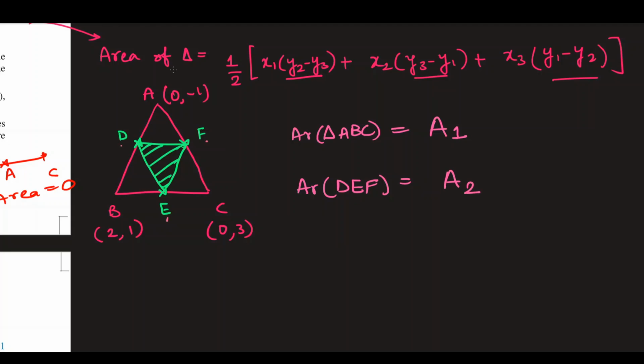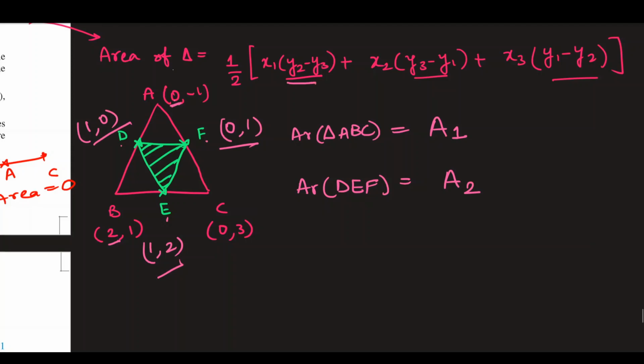Just add these two values, 0 and 2: 0 plus 2 upon 2, so its x coordinate will be 1, and what will be its y coordinate? Minus 1 plus 1 by 2, so it will be 0. D is 1, 0. E will be 1, 2 and F will be 0, 1. Now we have these coordinates, apply the formula and get the answer.